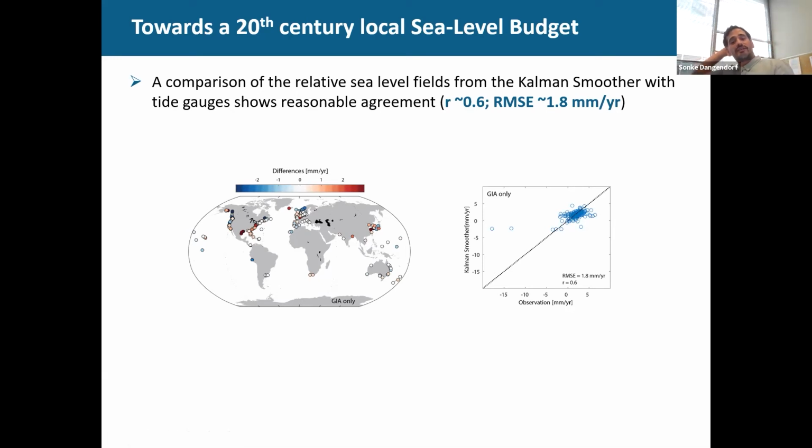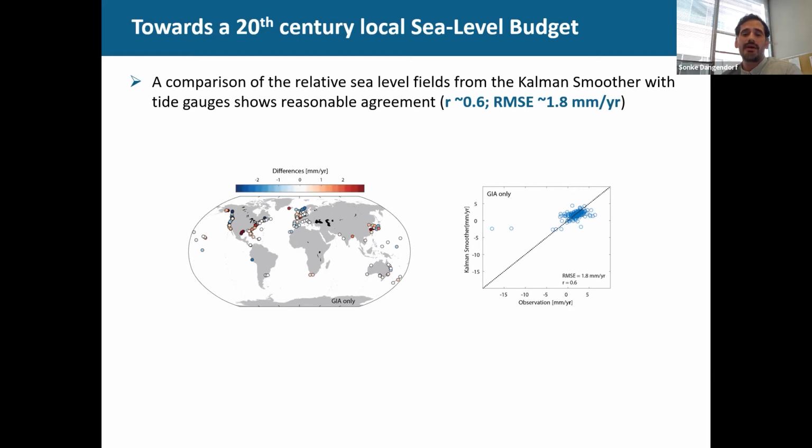So while this is already principally a good result, given that we were never able to solve the sea level budget locally over the 20th century yet, we have to keep in mind that our Kalman Smoother estimate only covers a fraction of the processes that we actually observe at tide gauges. As I said, it contains steric-dynamic changes and barystatic changes and also GIA models.